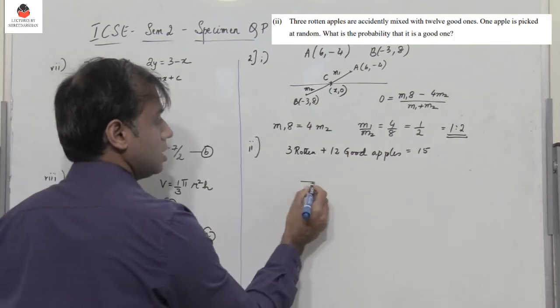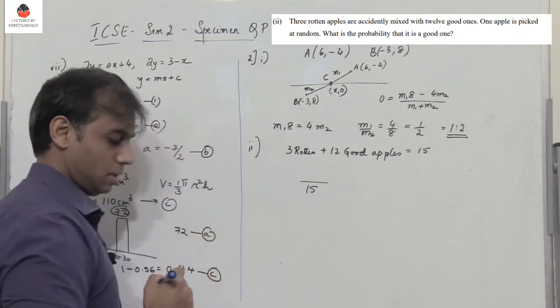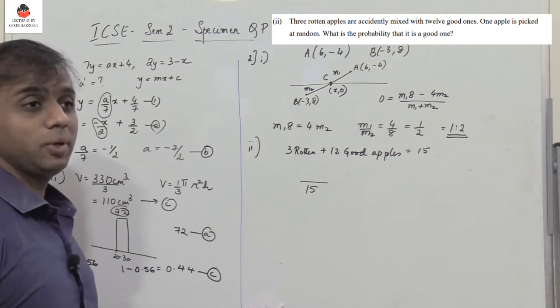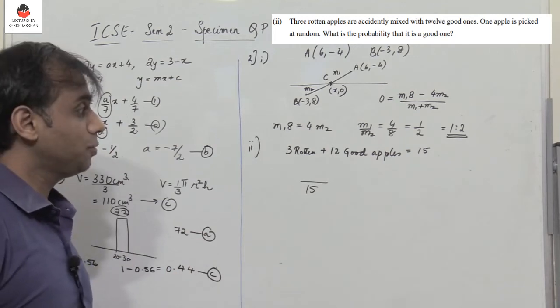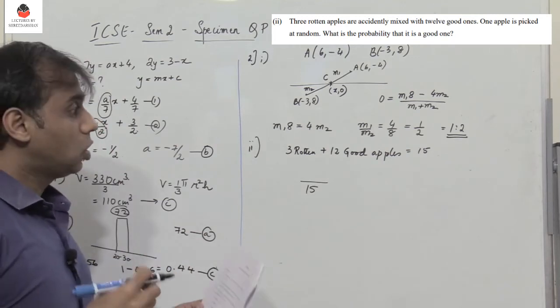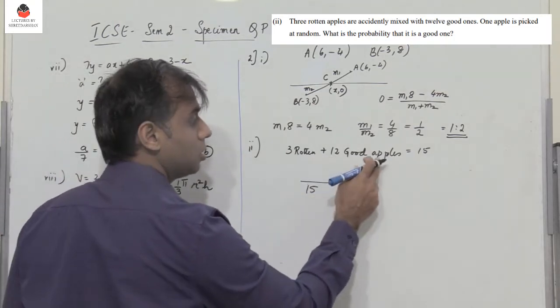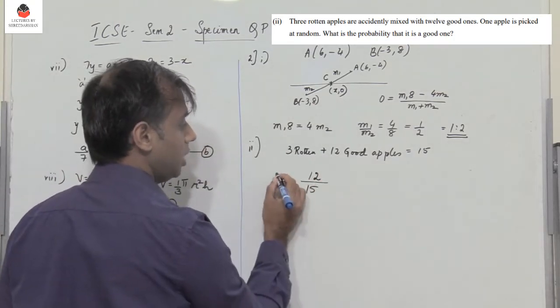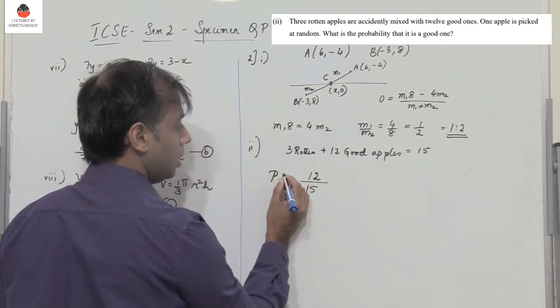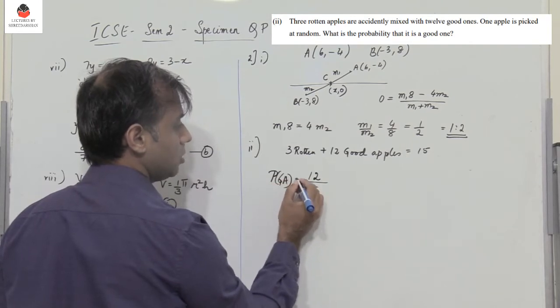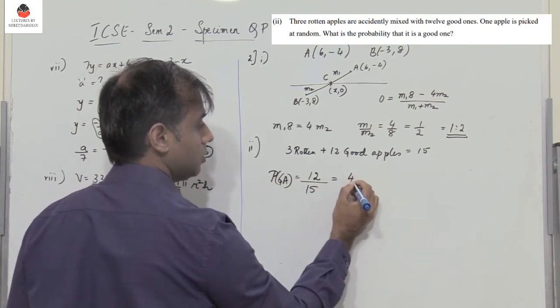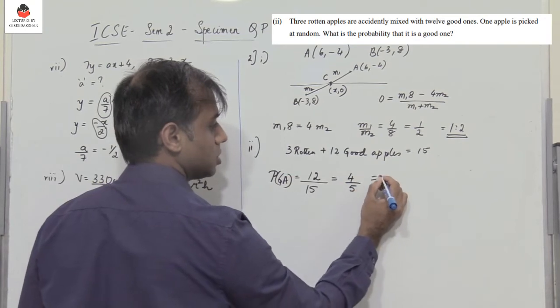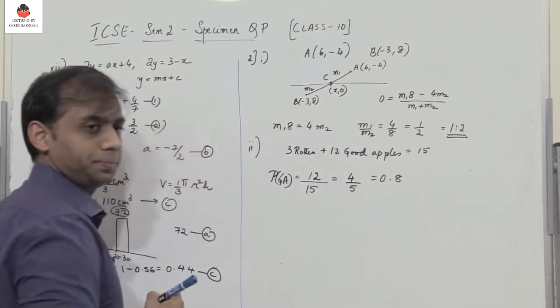So the sample space is 15, and then you're going to pick one of them, and we need to find the probability of picking a good apple. So what is the probability of picking a good apple? You have 12 good apples, so therefore the probability of a good apple is 12 by 15, which is 4 by 5, which is nothing but 0.8.